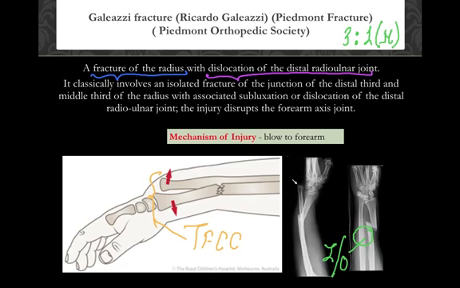Thus, Galeazzi, which was asked in AIIMS May 2017, the question was, what are the components? Number 1, radius fracture. Number 2, damage to distal radioulnar joint. Number 3, interosseous membrane damage. Number 4, triangular fibrocartilage complex damage. All 4 were given, and had to be marked together.